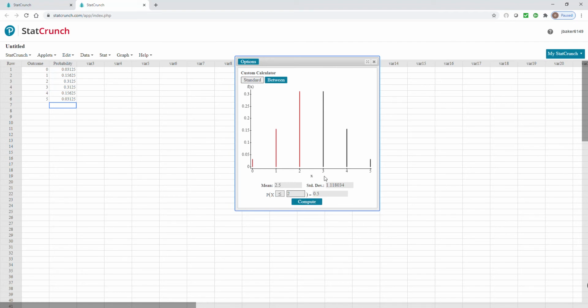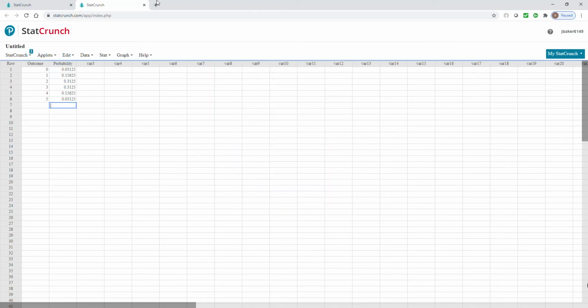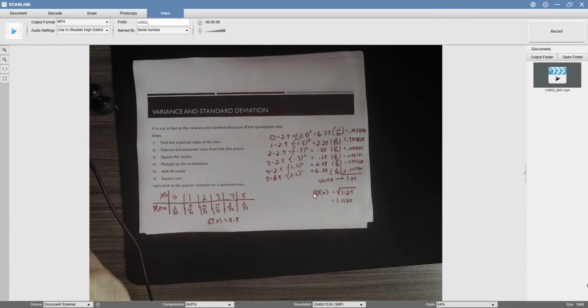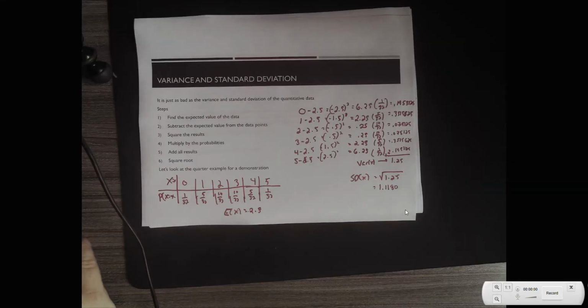And you could do some fun things on it if you want. I'm personally not worried about that right now, so let's minimize that. And that's how you would find your expected value and standard deviation on StatCrunch.